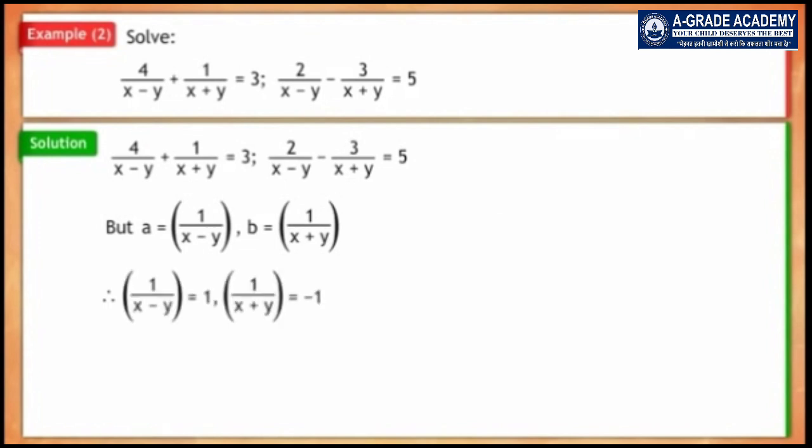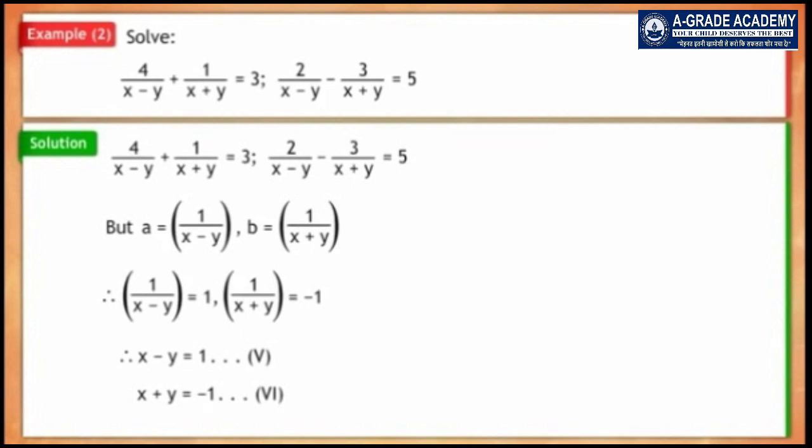Therefore, 1 upon x minus y is equal to 1. 1 upon x plus y is equal to minus 1. Therefore, x minus y is equal to 1. This is our equation number 5. x plus y is equal to minus 1.